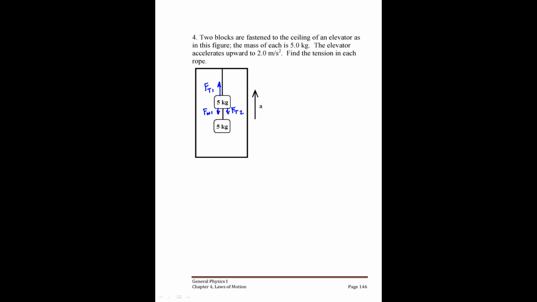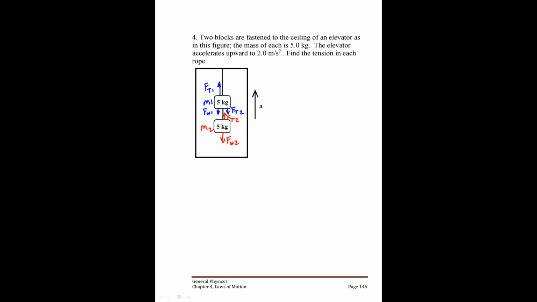That's the tension from the second rope that's pulling down on that block. In the bottom block, you have this tension. This is also FT2. And then you have the weight of the second block. So I'll call this M1 up here, and I'll call this M2.